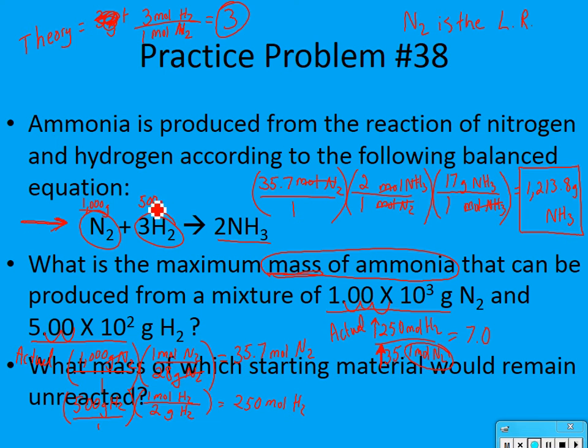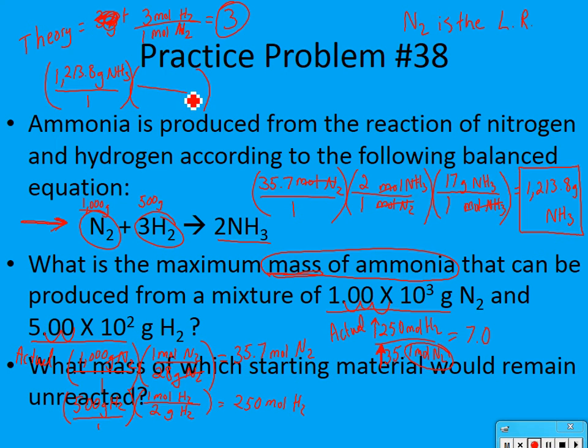And then from that we could subtract the difference and see how much is left over? That's our process. So let's start with 1,213.8 grams of NH3, and let's go backwards across the roadmap to grams of H2.